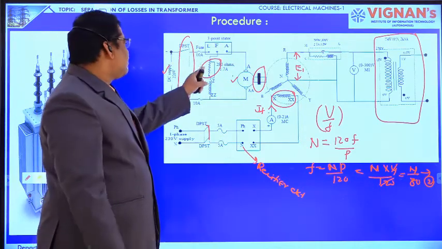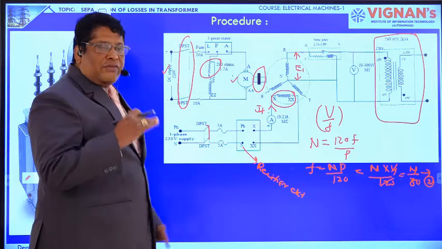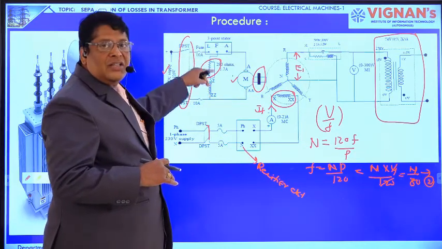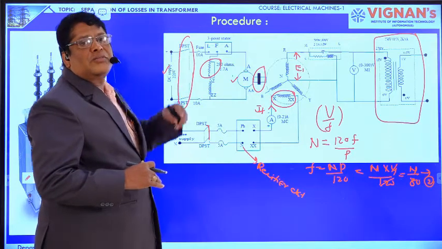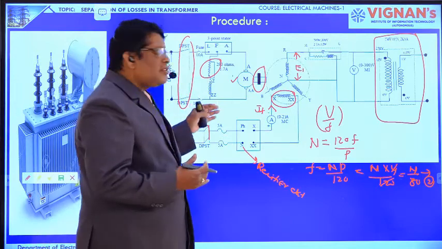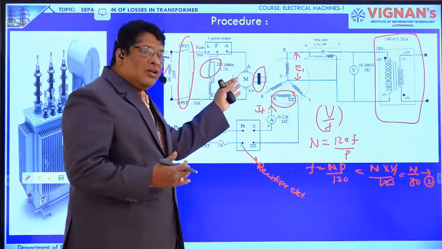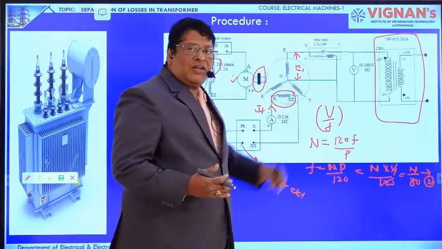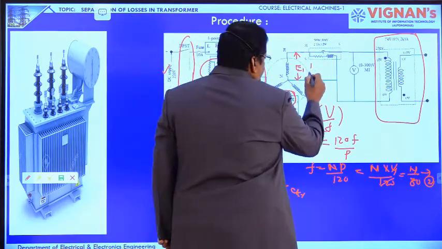One rheostat is placed in the field winding. Whenever we increase the rheostat resistance, the field current decreases. When the field current decreases, the speed of the motor increases. In that manner we change the speed of the motor, so that the frequency of the voltage applied to the transformer is changed. That is the frequency.